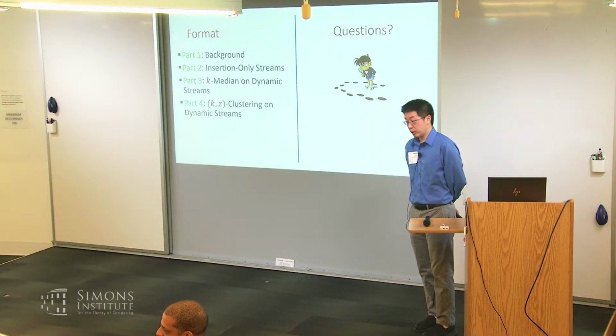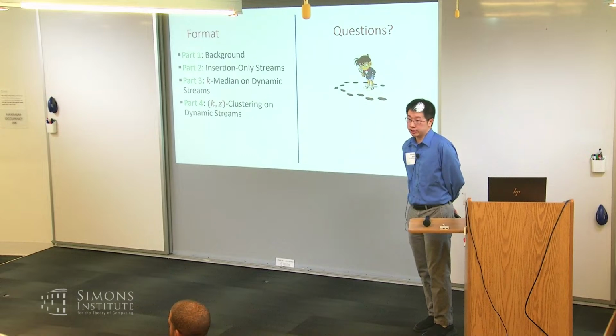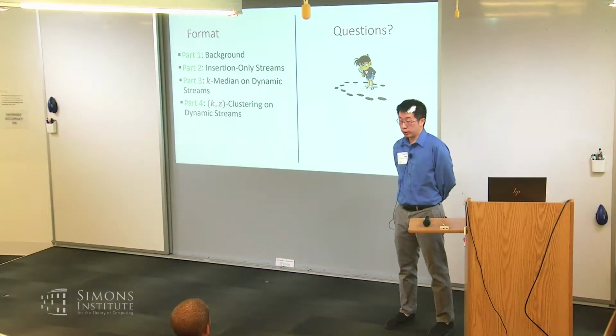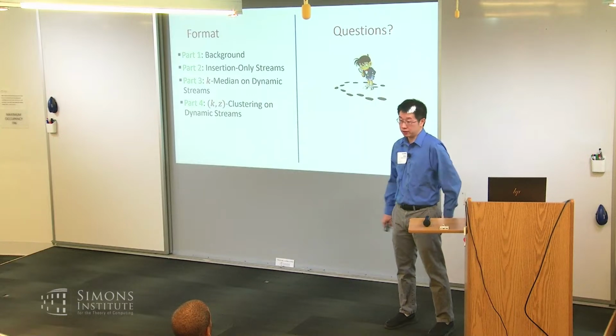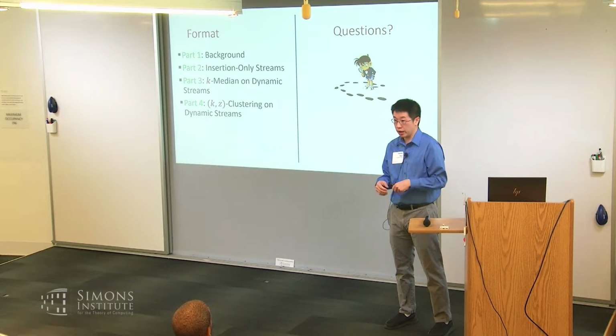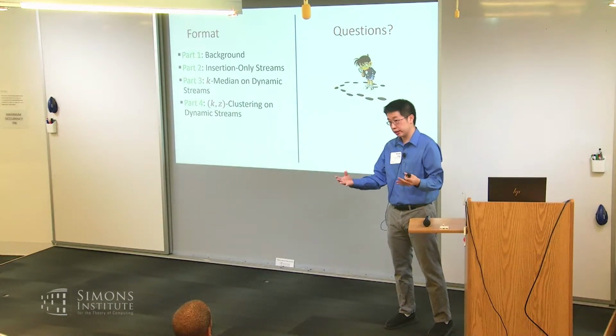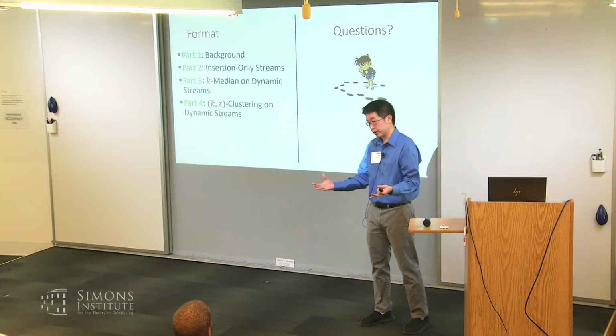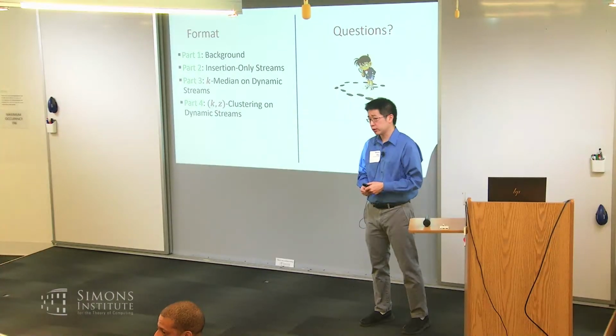So at the end of the stream, it'll give you a coreset. It'll give you a weighted subset of points that will give you a good approximation of any set of centers. Then if you want, you can look at this set of points at the end and say, all right, now I'm going to set k equals 5. What is the optimal cost here? Then I can set k equals 7. What is the optimal cost here? And this data structure will allow you to make all these queries and still be accurate across various values of k and various choices of centers.